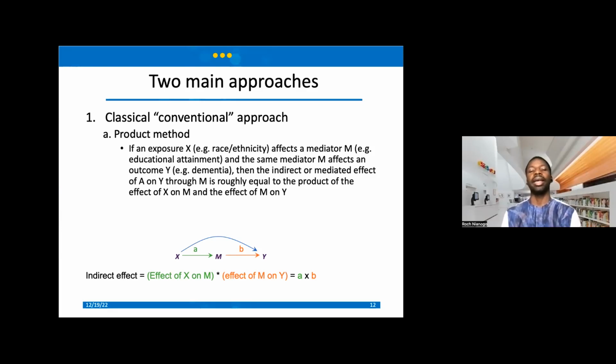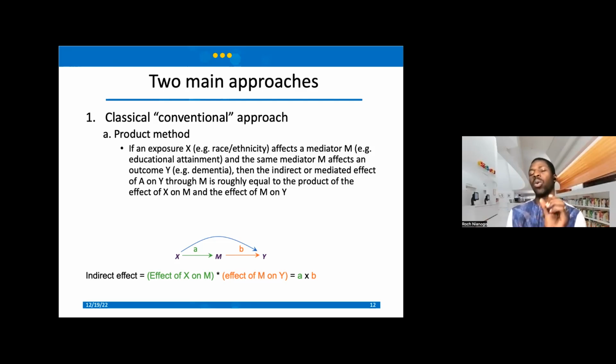So the way that I like to think about it is that there are two main approaches. There's one big one that we call classical conventional approaches. Under that, we have what we call the product method. So imagine that we were thinking about the effect of race on years of education, and also Y as dementia, for example, here.